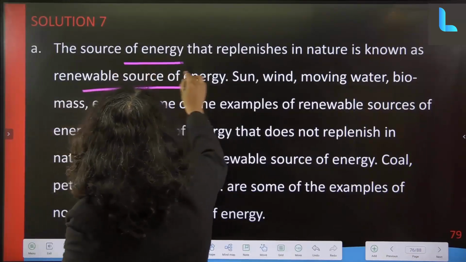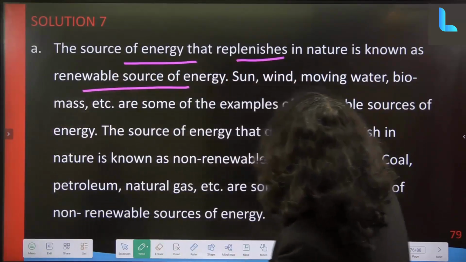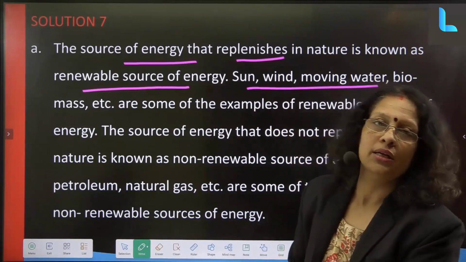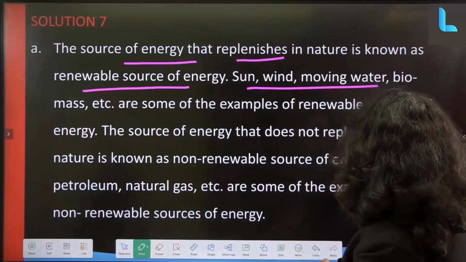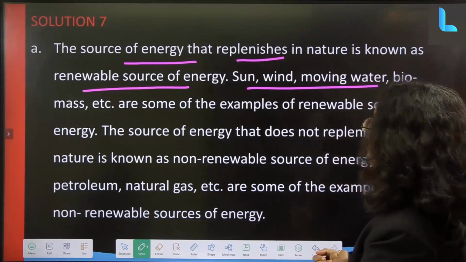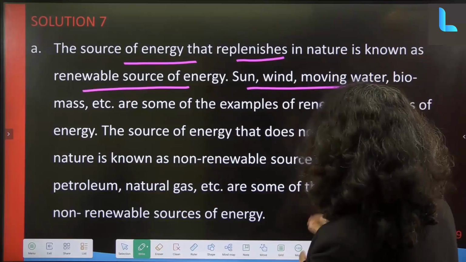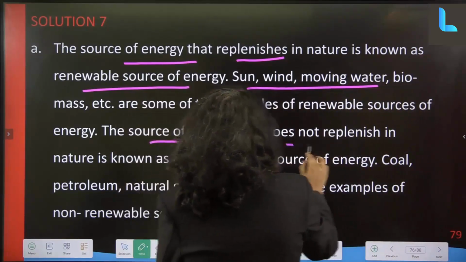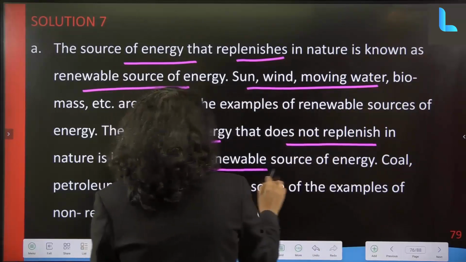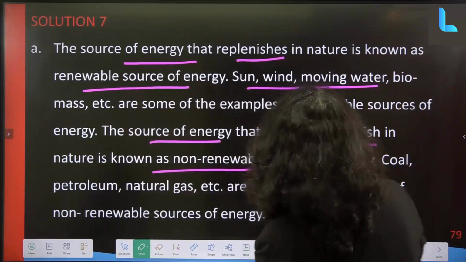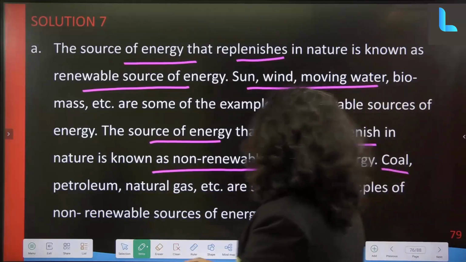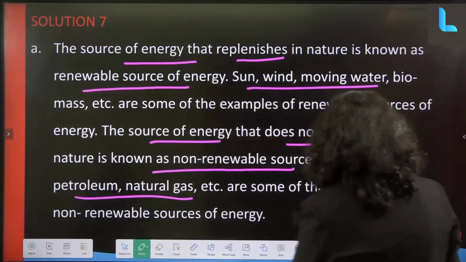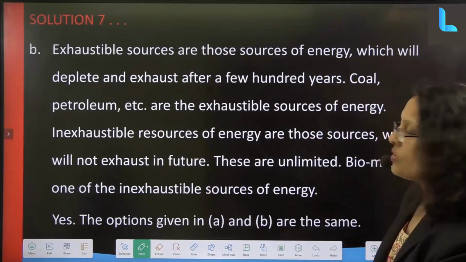Sun, wind, moving water and biomass are examples. Sources of energy that do not replenish are called non-renewable sources. Coal, petroleum and natural gas are examples of non-renewable sources.